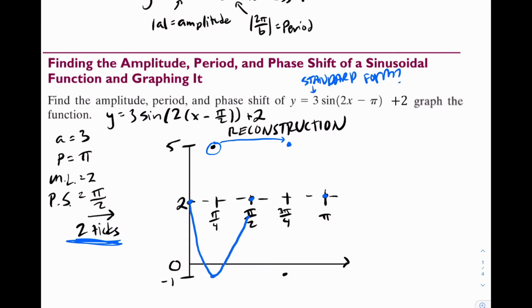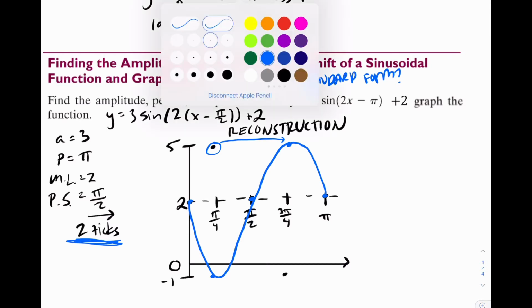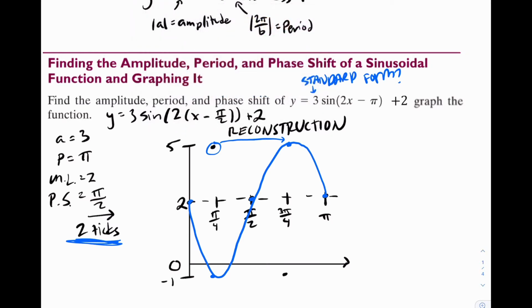So notice how this method is pretty cool because it doesn't require you extending the graph at all. And now we have a nice sine wave right there. You might be thinking, but that's wrong because that's a negative sine wave. Well, not really, because if I were to draw on the old one, it looked like this, right there.